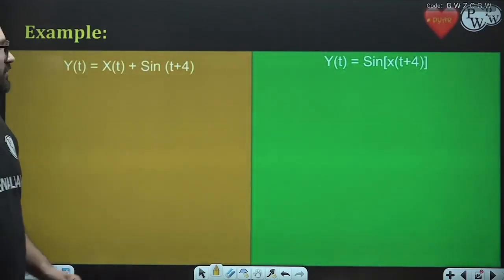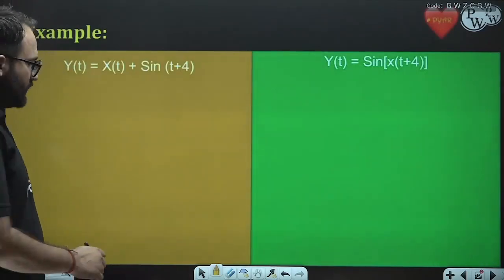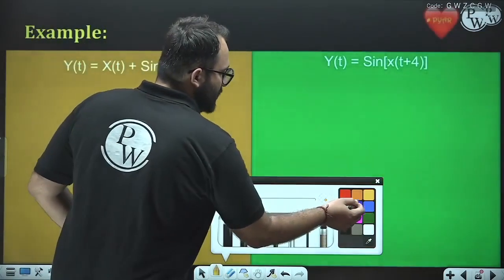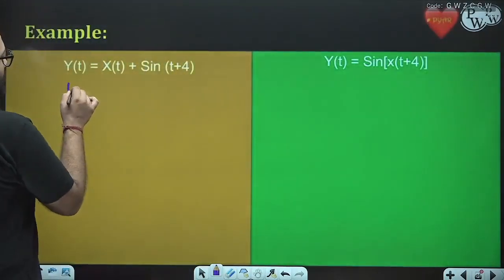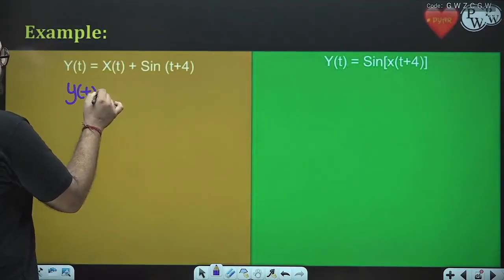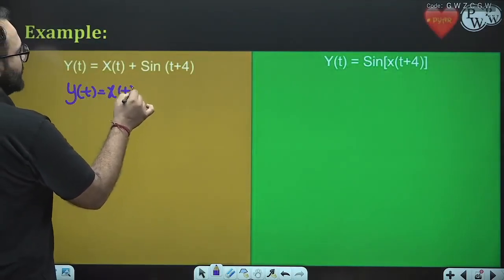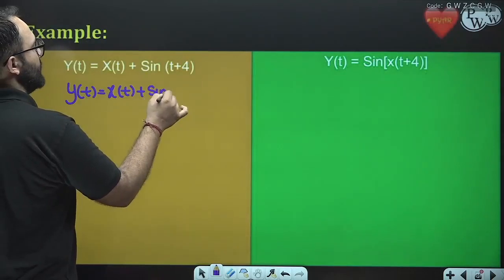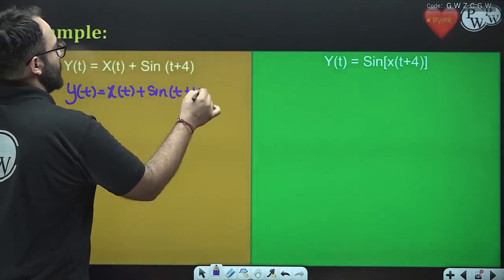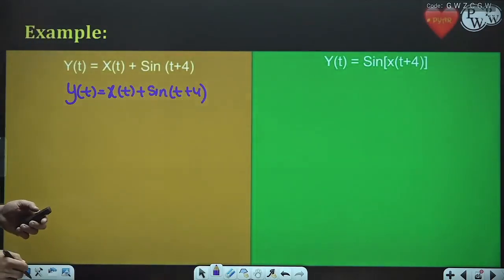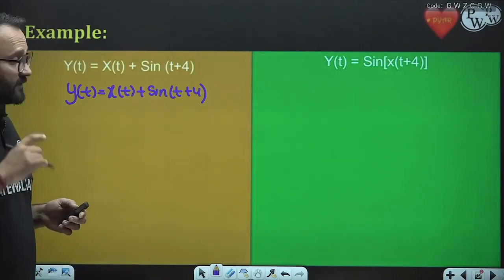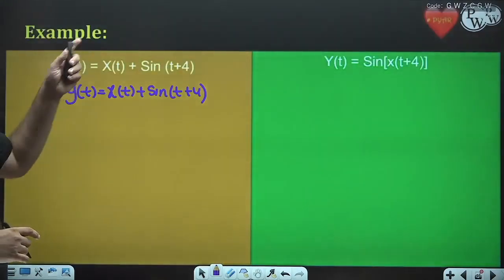Okay, so let's try these two questions. y(t) is equal to x(t) plus sin(t plus 4). What is the shortcut for checking the memoryless or memory system? Let me tell you the shortcut also.